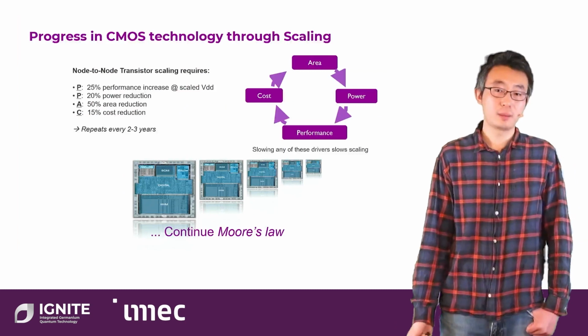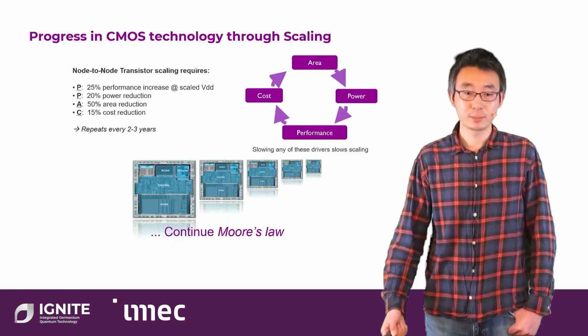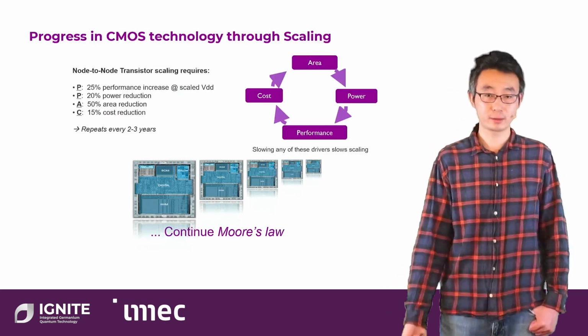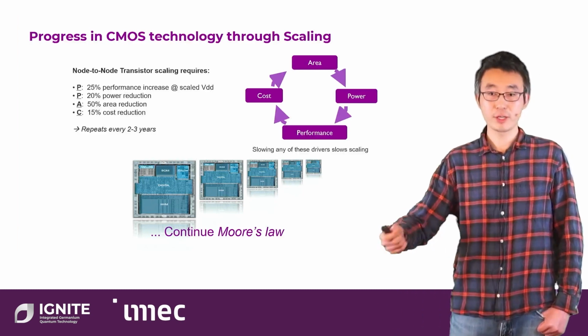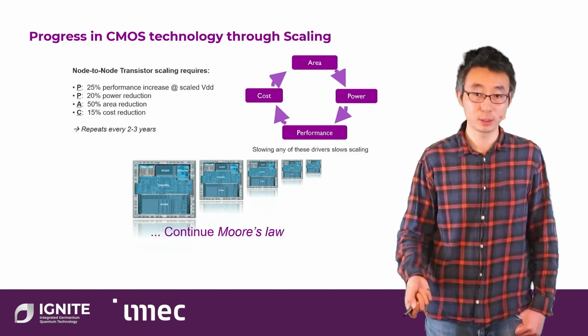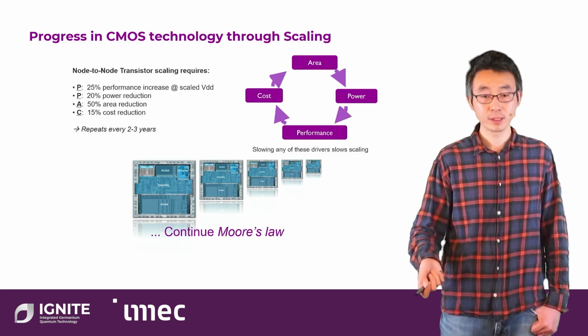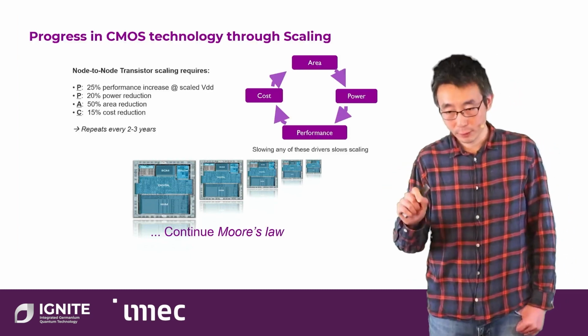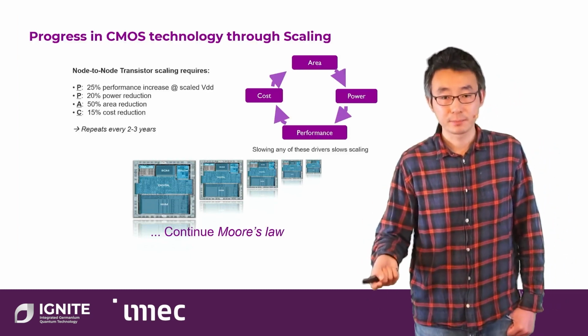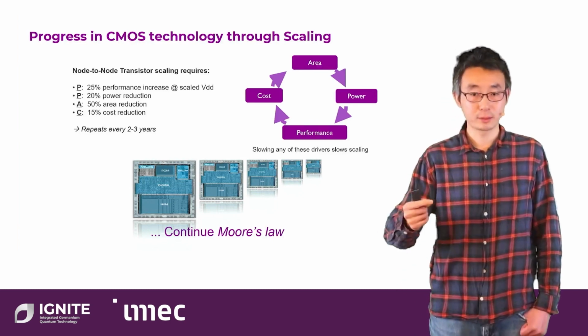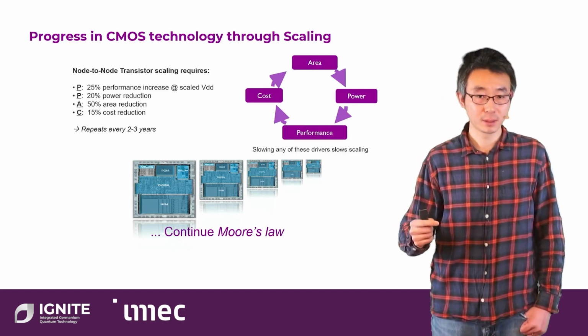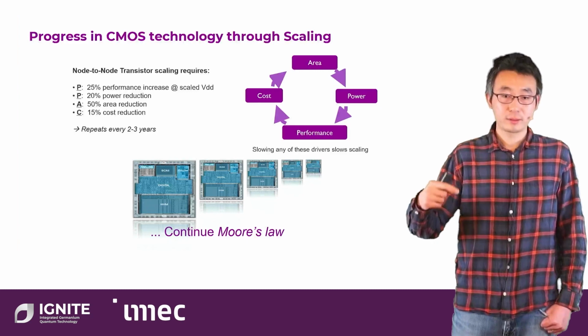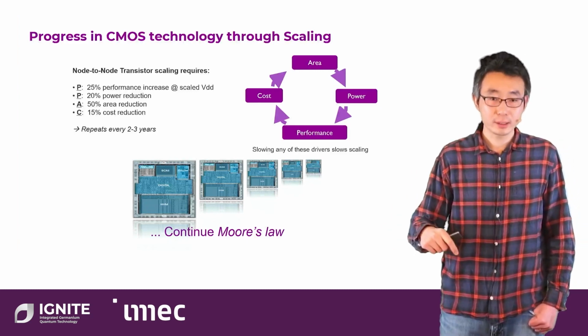The progress in CMOS technology through scaling is actually captured by PPAC. Those are the four important factors. The first is the power. For each generation, there's going to be a 25% increase in the frequency performance, or the operation speed. Then a 20% reduction in the power consumption. And following Moore's law, essentially a 50% size reduction.